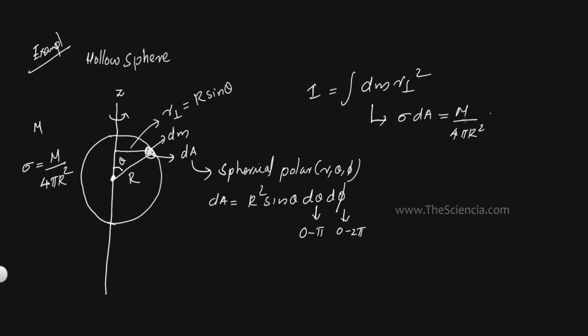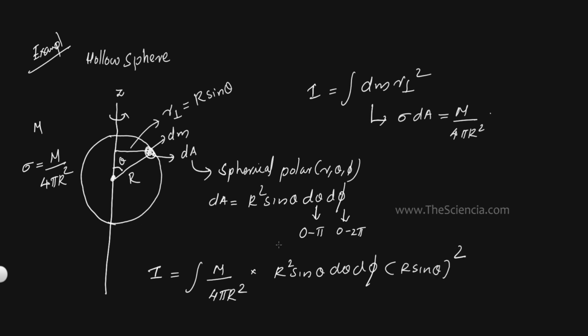So we got dA, so we can rewrite that I is equal to integral dm, that is sigma dA, sigma is equal to m by 4 pi r square into dA, that is r square sin theta d theta d phi. Now r perpendicular square is (r sin theta) square.